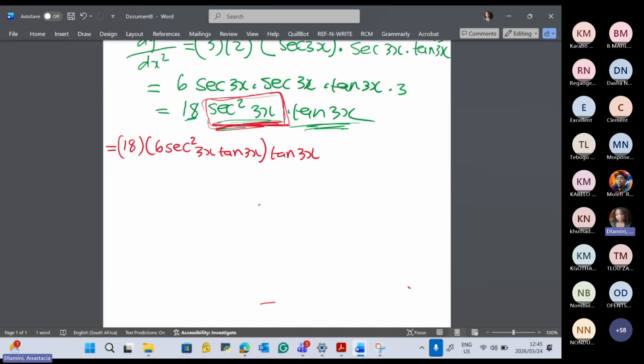So now plus 18, we leave the sec squared 3x the way it is. Now we differentiate tan 3x, which is sec squared 3x times 3. Do we agree there? So then this equals 18 times 6.